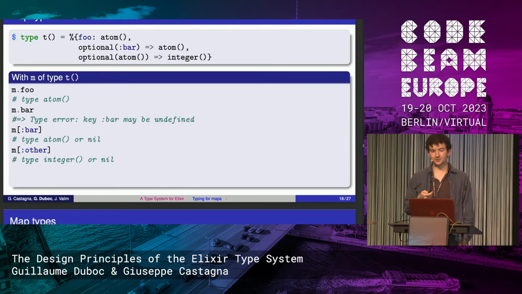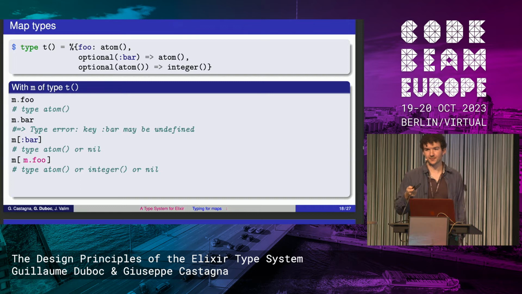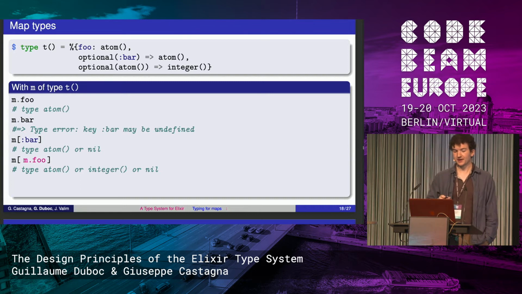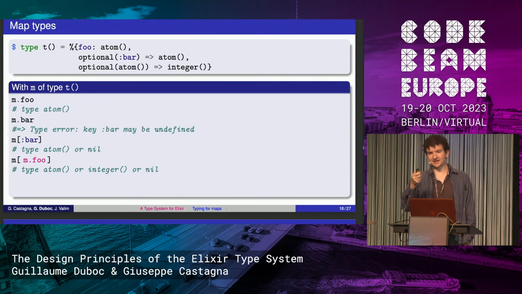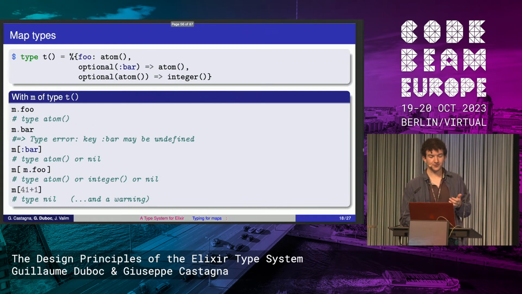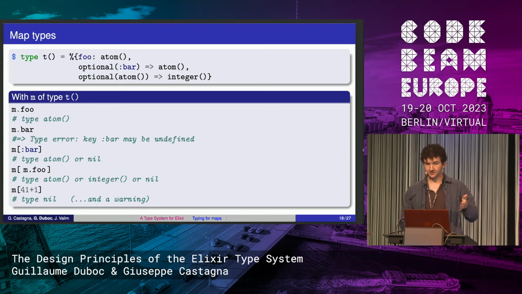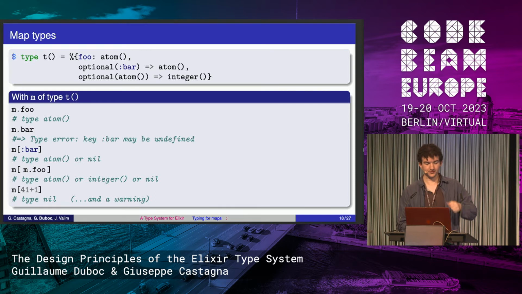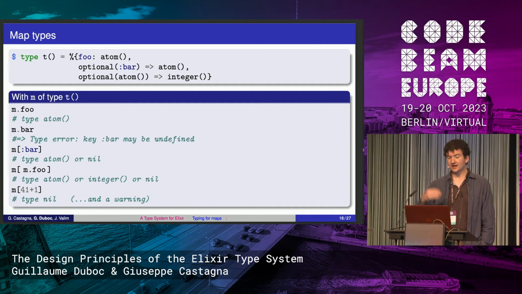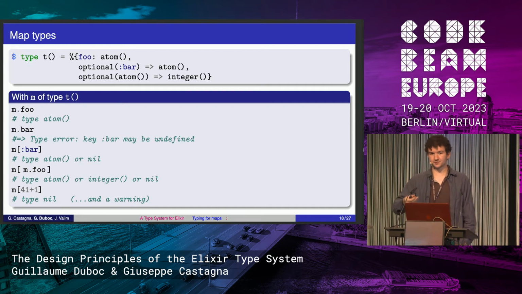And in fact, because you can put any expression inside of the bracket notation, if you ask for any atom field, you're going to have the union of all the possible fields that go out of this map. And finally, if you try to query on something that's going to be an integer, you'll get type nil, because this field is never going to be defined, and possibly you could get a warning because you're trying to do a weird operation.